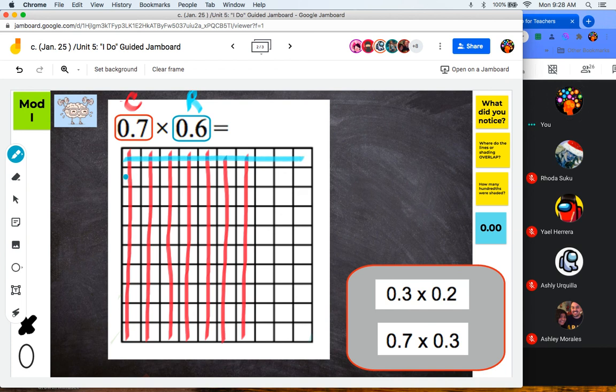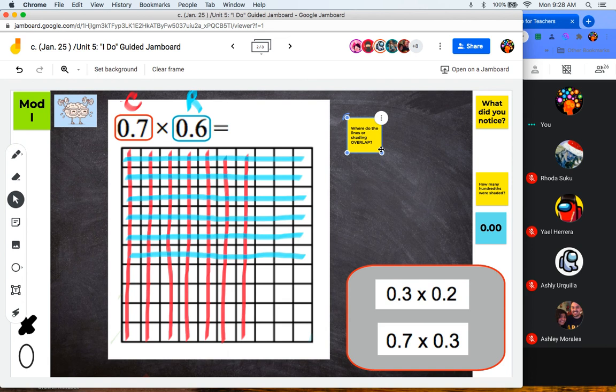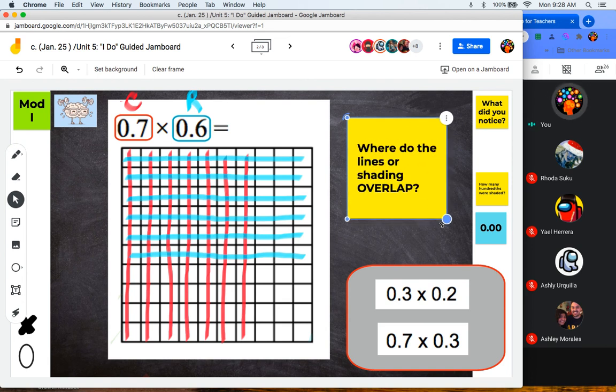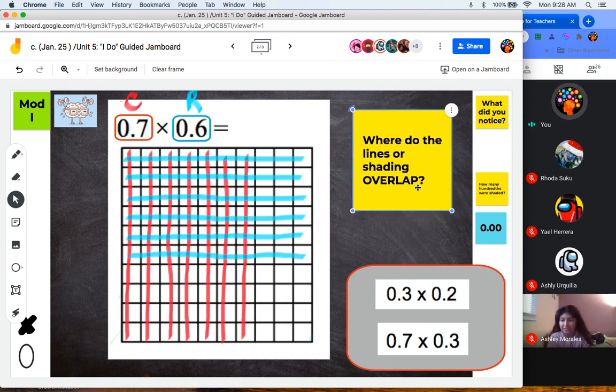One-tenth, 2/10, 3/10, 4/10, 5/10, 6/10. Now I must ask myself this question. What do I notice? Where do the lines or the shading overlap?